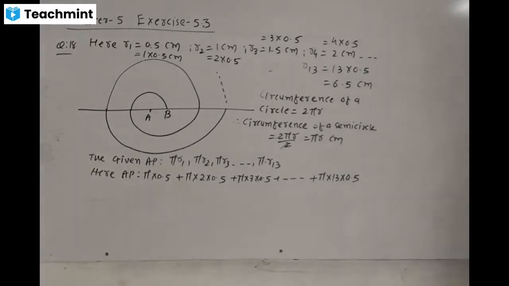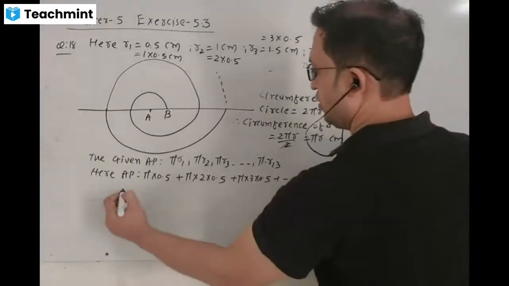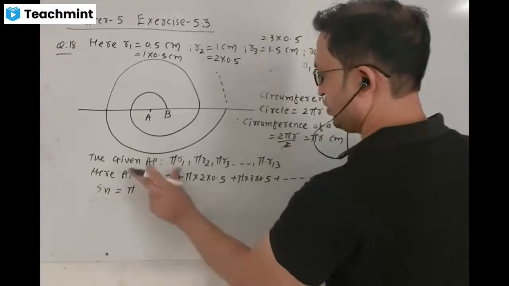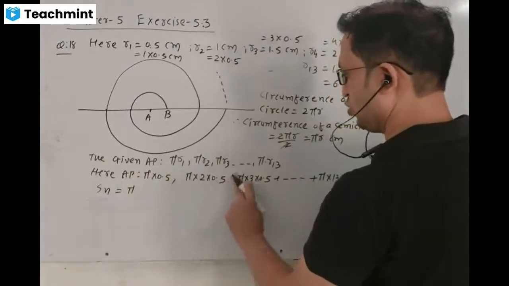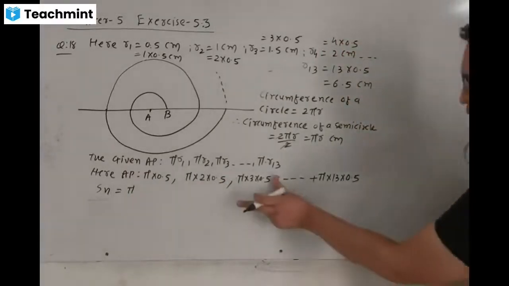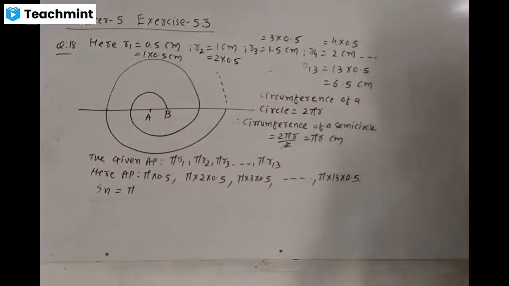Which term is common? Here pi and 0.5 are common.